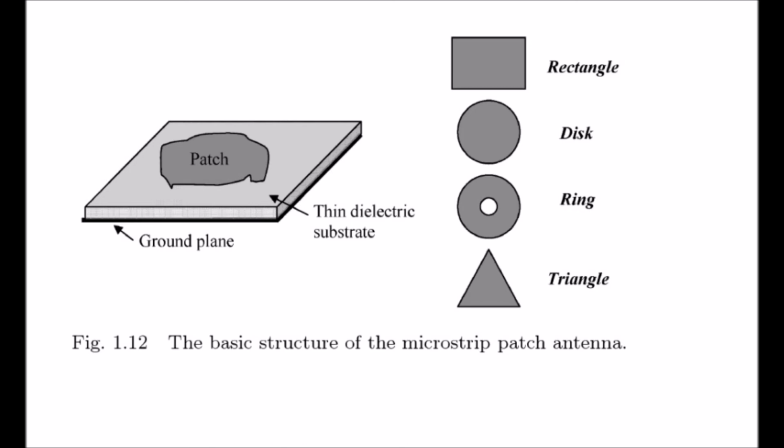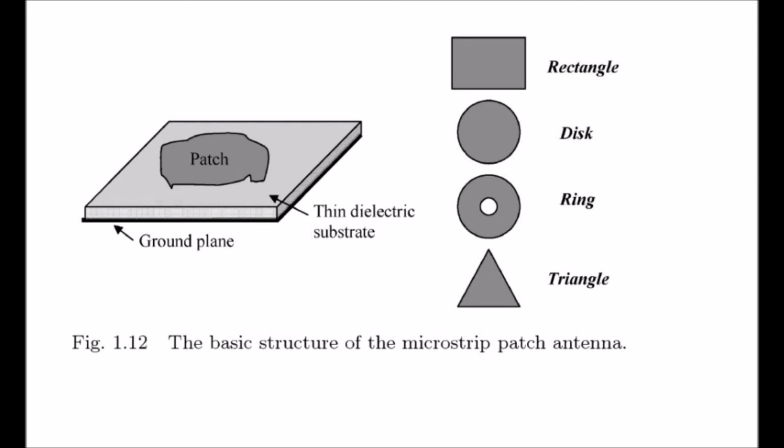The basic structure of the microstrip patch antenna is shown in this figure. It consists of an area of metallization supported above a ground plane by a thin dielectric substrate and fed against the ground at an appropriate location. The patch shape can, in principle, be arbitrary. In practice, the rectangle, the circle, the equilateral triangle, and the annular ring are common shapes.